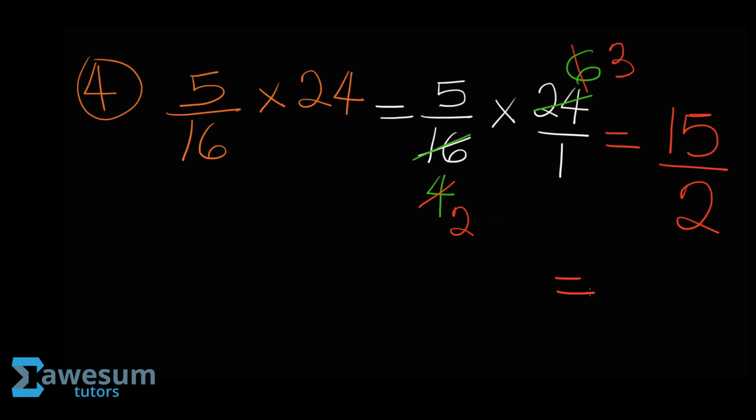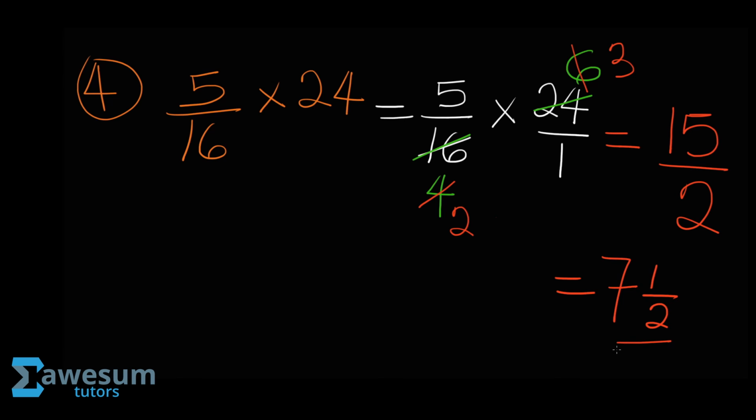Very good. In one of our videos, we learned how to convert from improper fraction to a mixed fraction. Taking a look at this fraction, you realize this is an improper fraction. Let us convert to mixed. 2 in 15 is 7. It's going to remain 1, and then over 2.